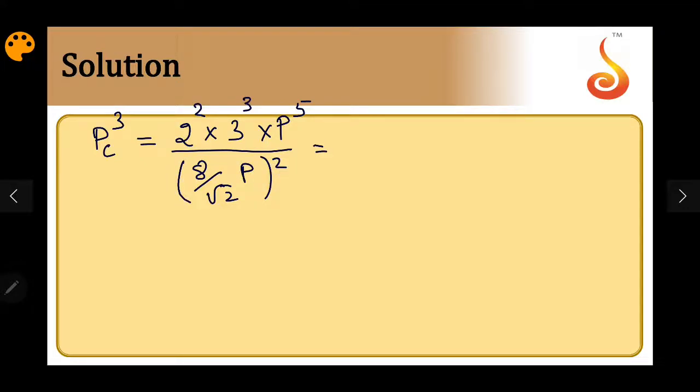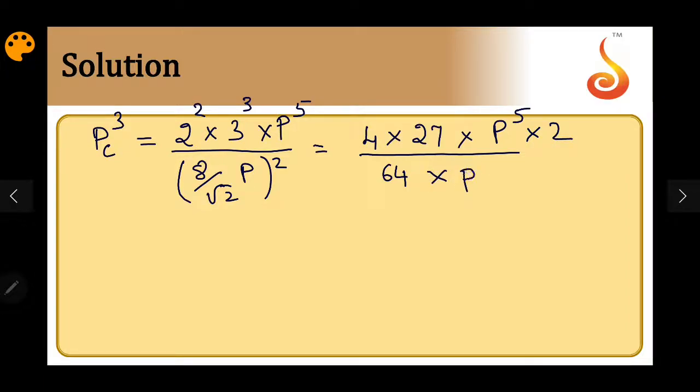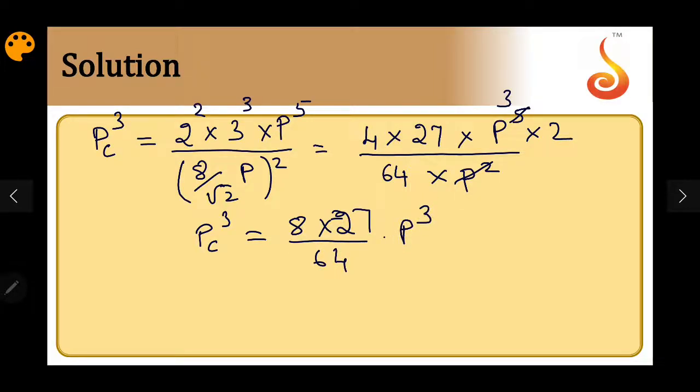If you simplify this, 2 squared is 4, 3 cube is 27, then P to the power 5, whole divided by 8 squared, which is 64; root 2 whole squared becomes 2, that goes to the numerator, and here it becomes P squared. So P to the 5 over P squared becomes P cube. So PC cube is equal to 4 into 2, which is 8, into 27 by 64 into P cube. Everything is a perfect cube.